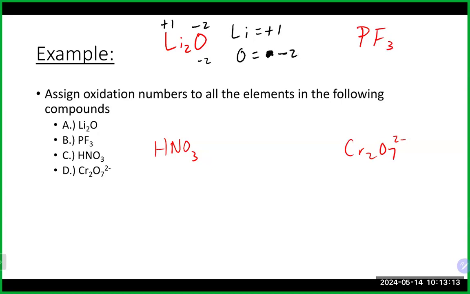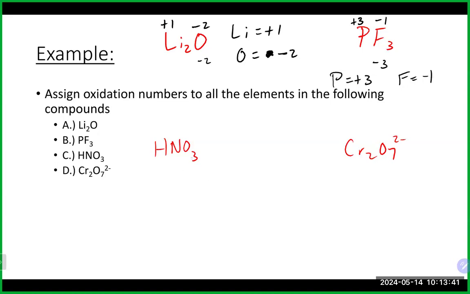Coming over here to our PF3, our fluorine does need to be -1, so there are 3 of them, which is a -3. So our phosphorus in this case is going to take on a +3 oxidation state. So phosphorus would be +3, fluorine would be -1.